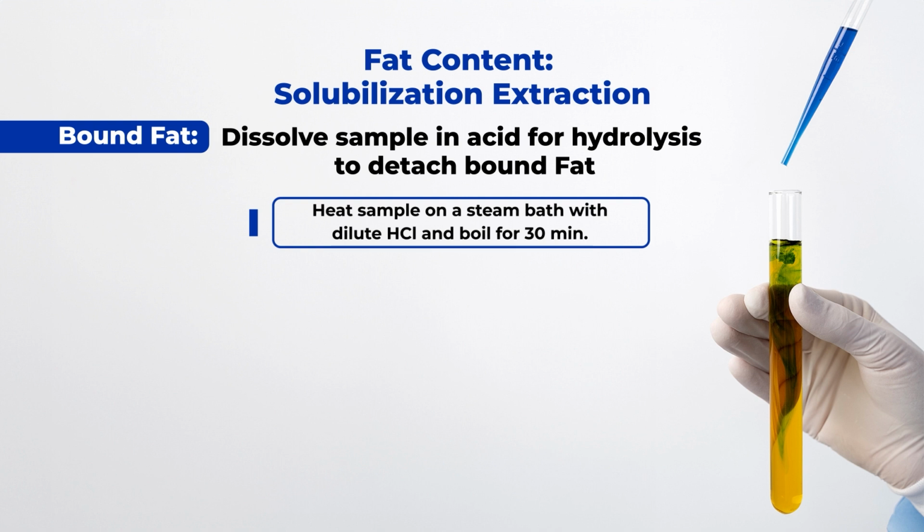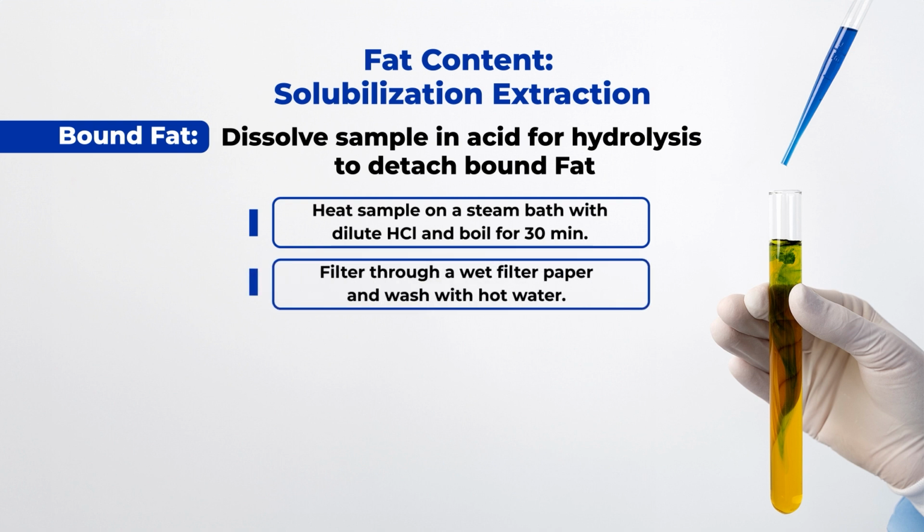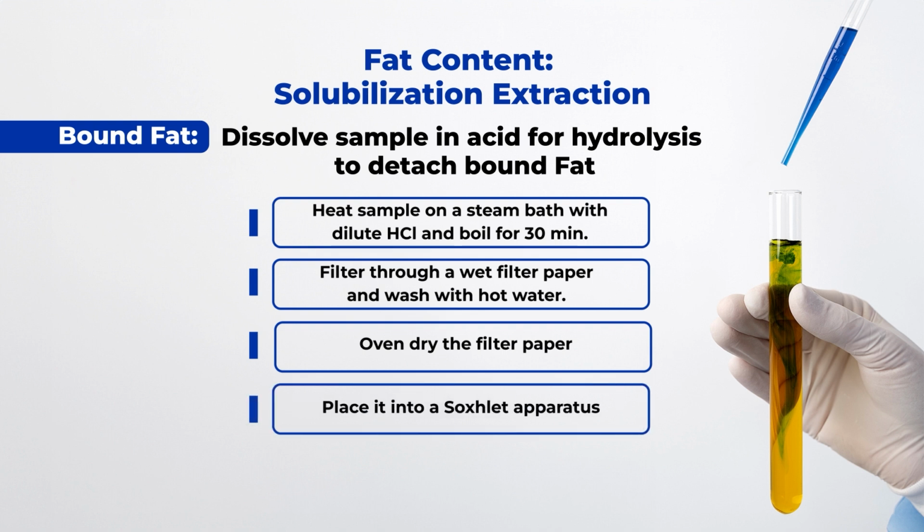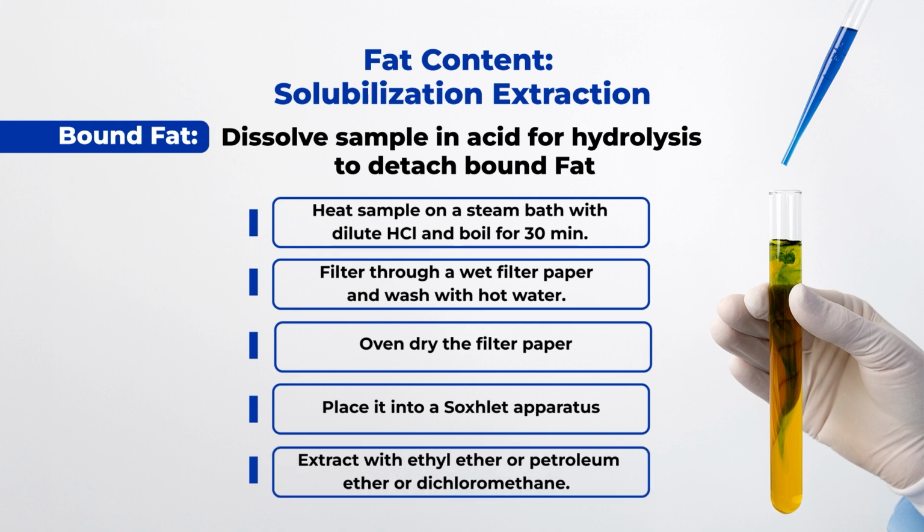What that does is it solubilizes all that is bound fat. It removes the fat from the bound structure. So bound fat is released. After that, you do the Soxhlet apparatus, and you do this solid liquid extraction, separate the fat, weigh it, and find out the bound fat.